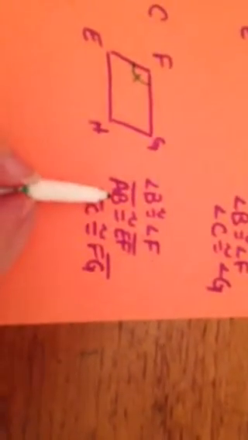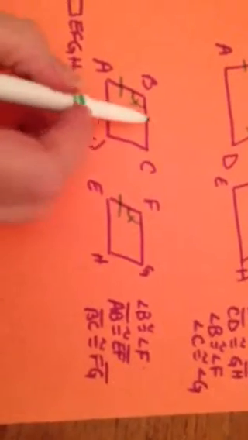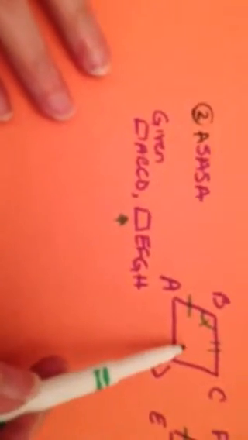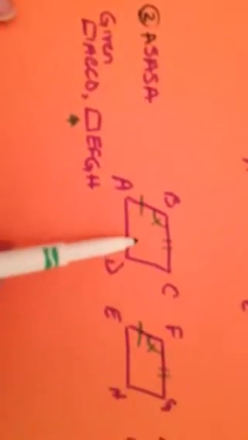I know that AB is congruent to EF, also given. And I know that BC is congruent to FG, that is also given. But I don't have enough information to say that these two quadrilaterals are congruent yet. I have to think about what I know about parallelograms.